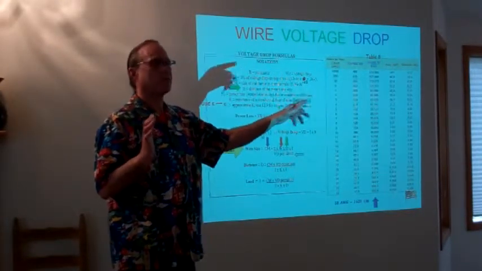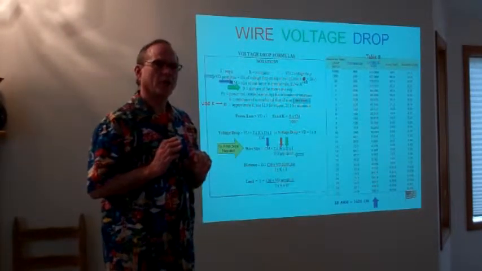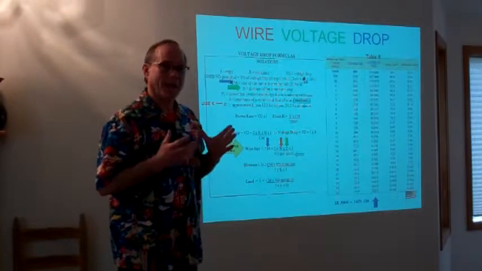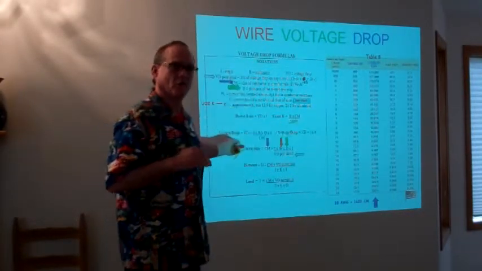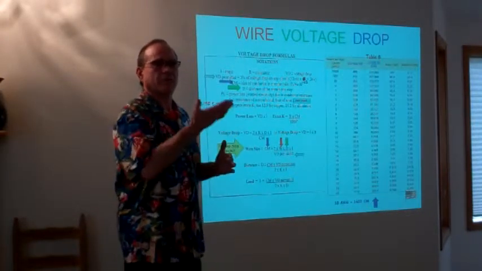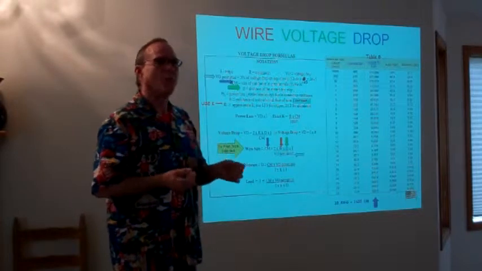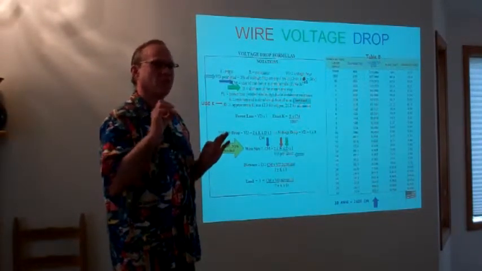Why? Because we have something called resistance in our wire. This is trying to size the wire so that it will take more amps. Remember, if we're changing our voltage at that far end, what are we doing? We still have to have the same amount of power available. So what has to happen? Our amps have to come up. So as a result, we need larger wire to carry that greater amperage and to keep our wire cool.